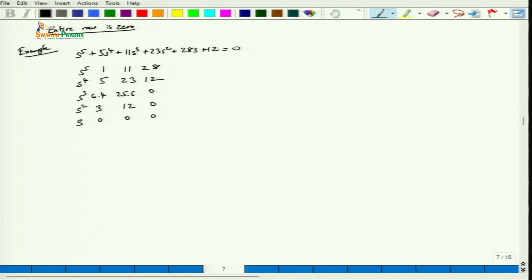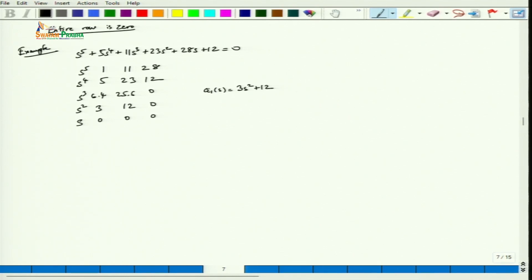In this case we go to the previous row and formulate: this corresponds to s square, so we take 3s square, and then we go a couple of degrees below for s plus 12.